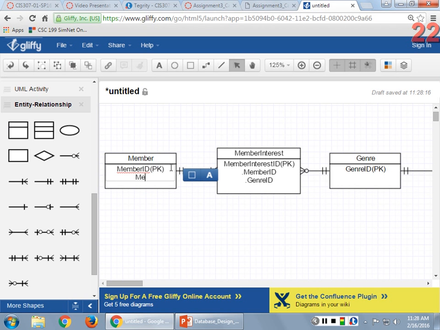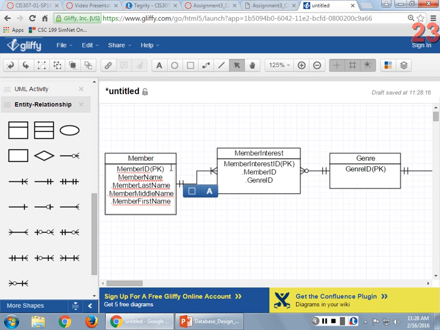So we have member name. Again, you can specify it as a compound attribute, like member last name, first name. Well, I should have put first name first, but I'll keep it like that. What else? Address. Yeah, member address.